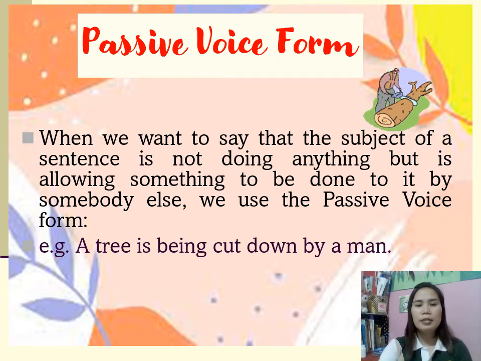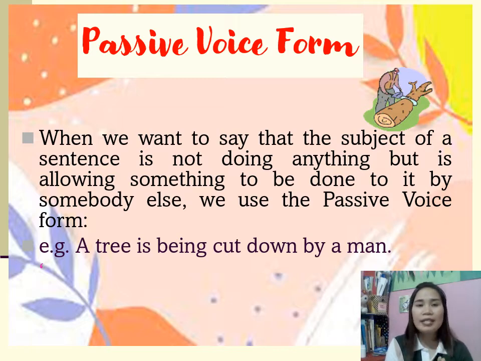A tree is being cut down by a man. So here our subject is tree. Our verb is being cut down. And man is the receiver or the object. Let's analyze this. A tree, which is the subject, is not the one performing the action, right?